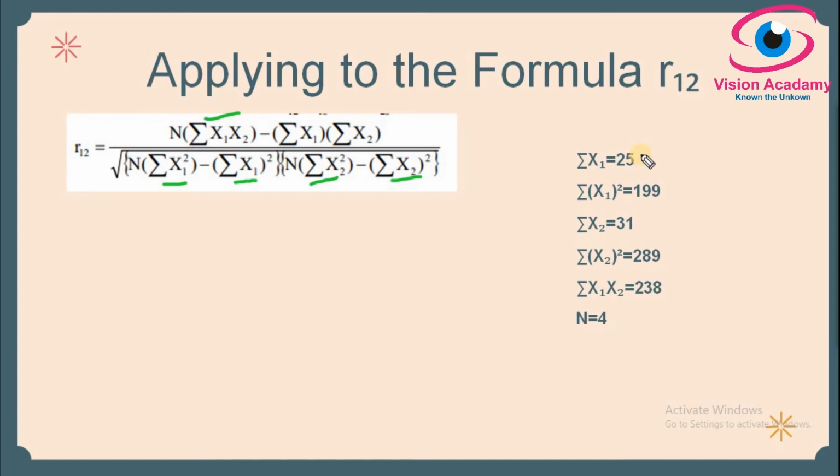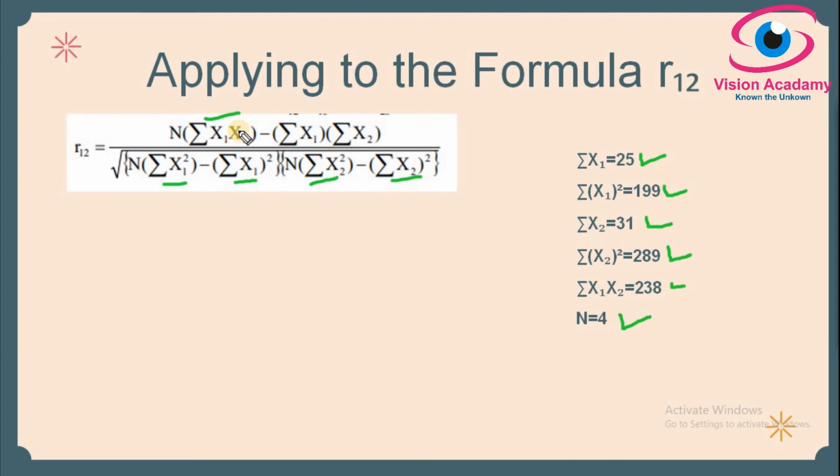Here summation x1 is 25, summation x1 square is 199, summation x2 is 31, summation x2 square is 289, summation x1 x2 is 238. N, the number of observations, is 4. In each and every variable 4 observations are there.